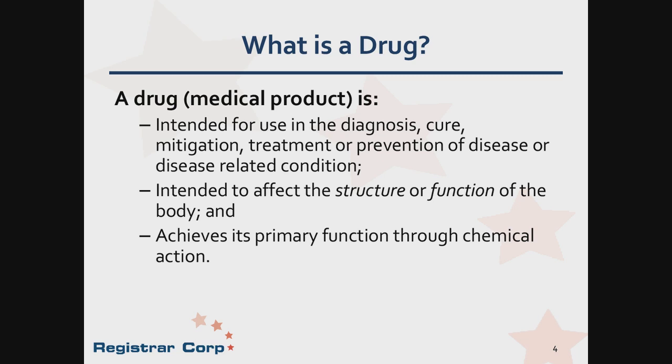FDA uses a variety of methods to determine intended use, including product claims on packaging, printed materials, websites, consumer perception, or product reputation or ingredients.